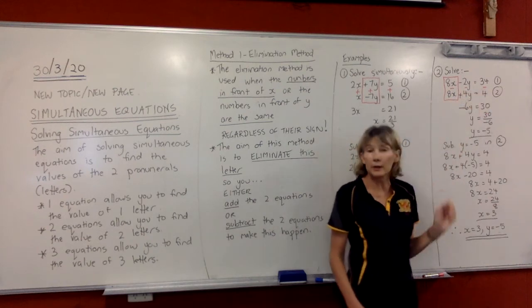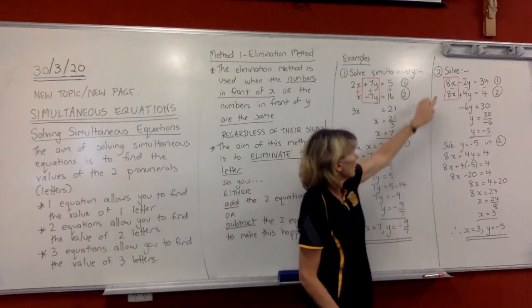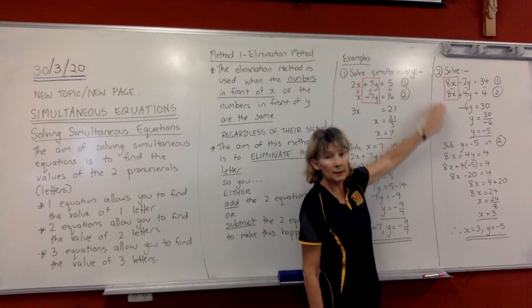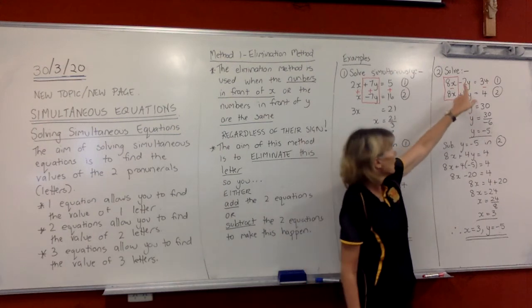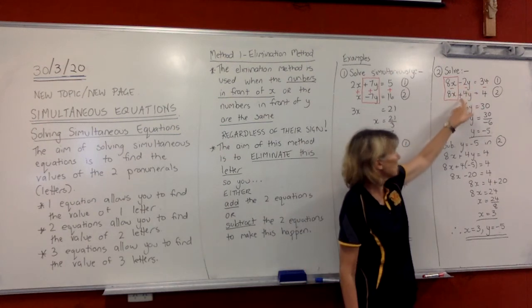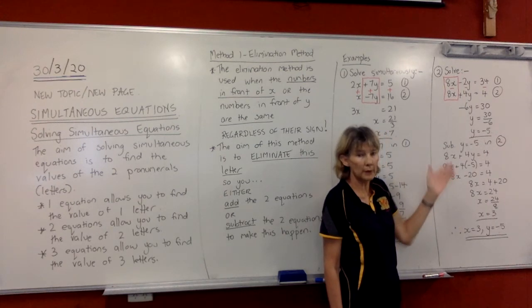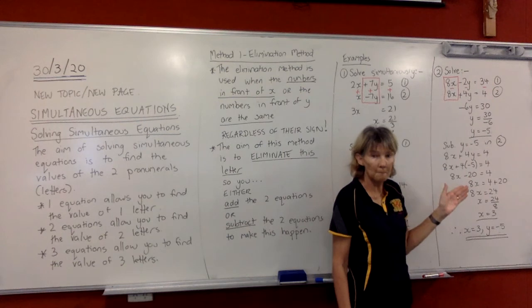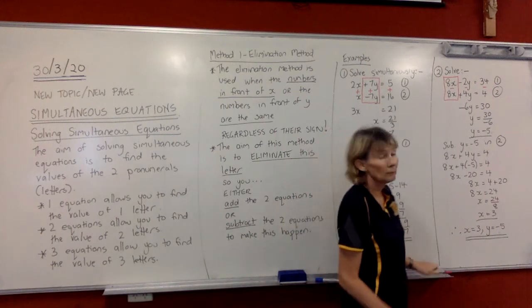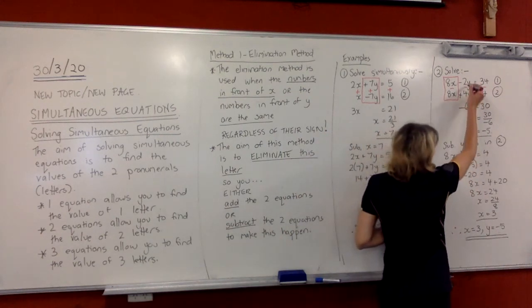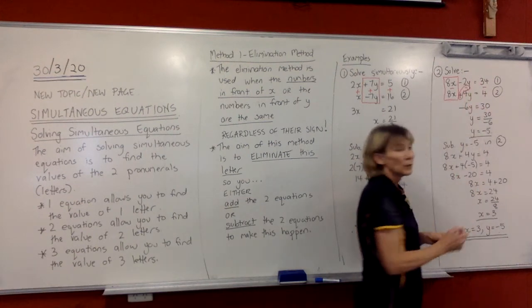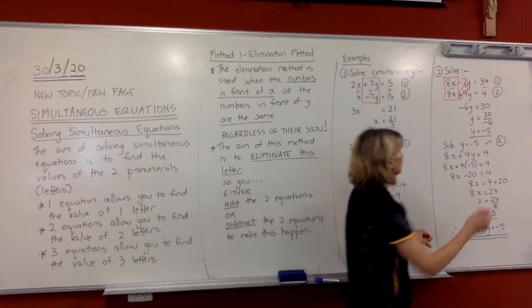Don't forget you have to minus right through all the terms. So 8x minus 8x is nothing, it's gone. Minus 2y minus positive 4y. You can use your calculator if you want for minus 2 minus plus 4. But don't forget that those two different signs are a negative.